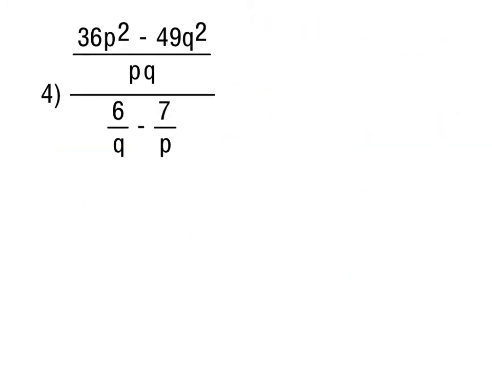For number 4 here, I would probably lean towards our second method, so identifying the LCD for both of these. The LCD for both the numerator and the denominator would be PQ. So again, what we do is we multiply the big numerator by PQ and the denominator by PQ. Again, that's what makes that okay.